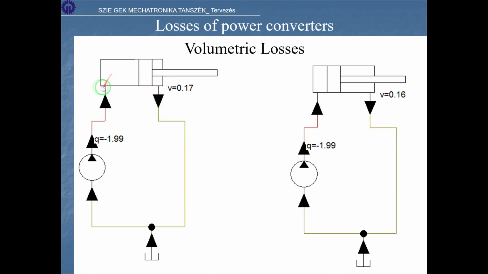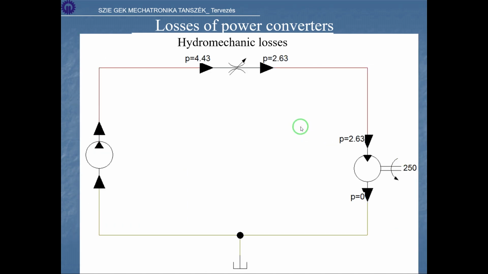So not all the hydraulic fluid will make the cylinder move, but a little amount will flow through here, so basically near the seals, and therefore it will not work. Okay, so it's a loss.